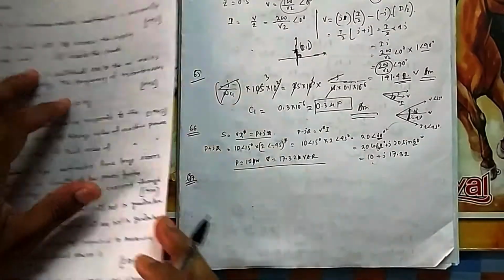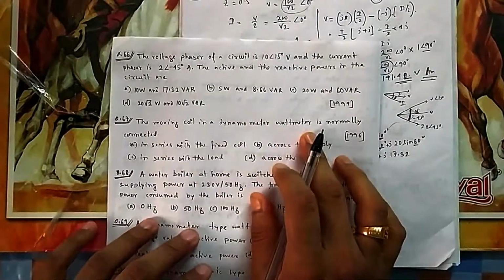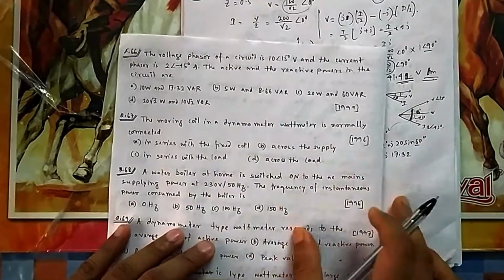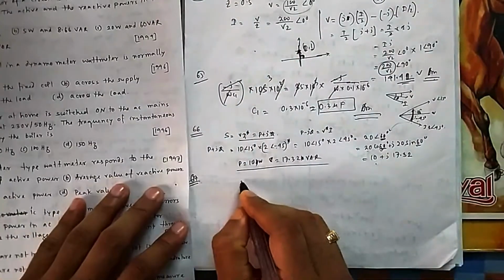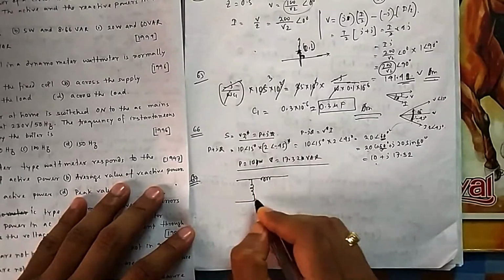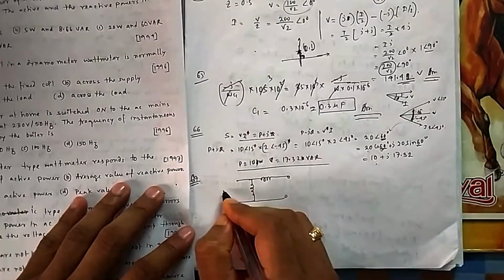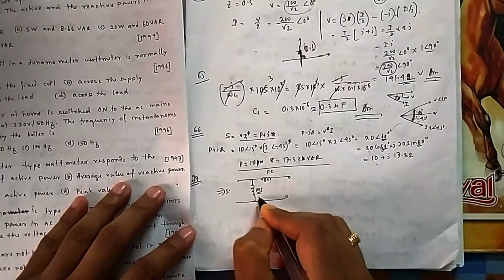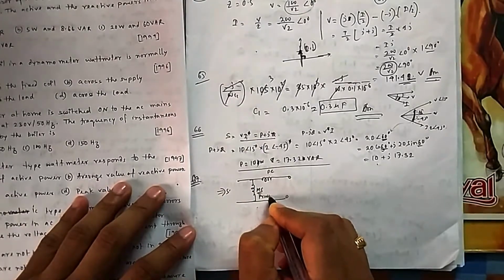That's it. Now if you come to 67, the moving coil dynamometer wattmeter is normally connected. You know the dynamometer connections. So there is a moving coil, there is a fixed coil, and then this is the load. This is your supply side. This is the moving coil, this is the fixed coil, and this moving coil is nothing but a pressure coil.